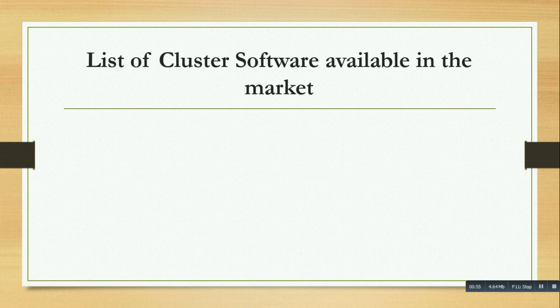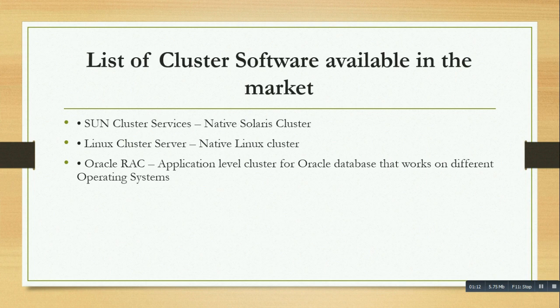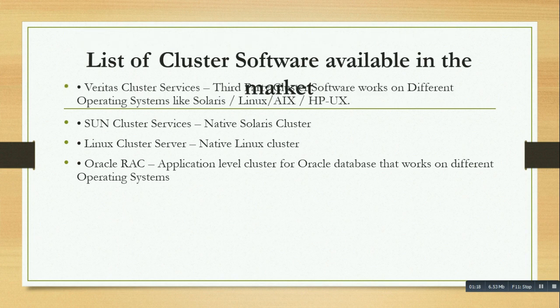List of cluster software available in the market. There is Sun Cluster service, native Sun Solaris cluster, and the Linux cluster server, native Linux cluster. Then another one is Oracle RAC, the application level cluster for Oracle database that works on different operating systems.